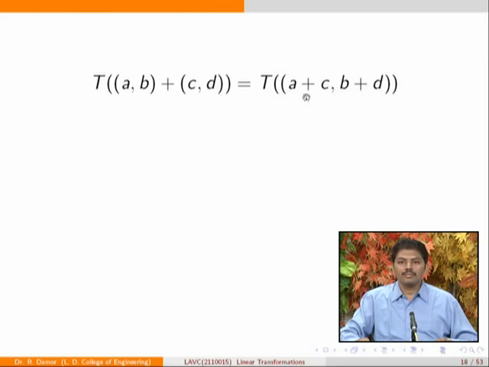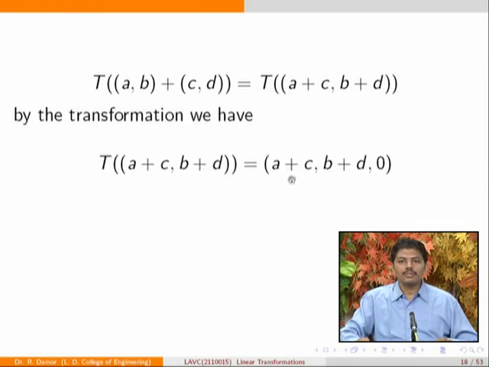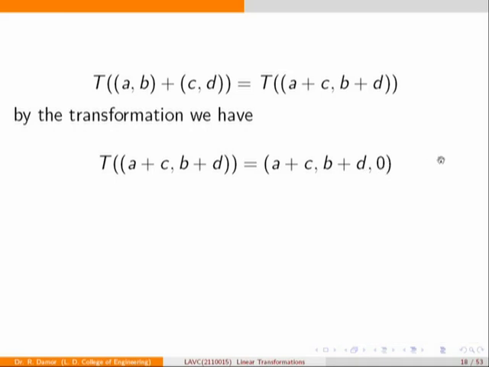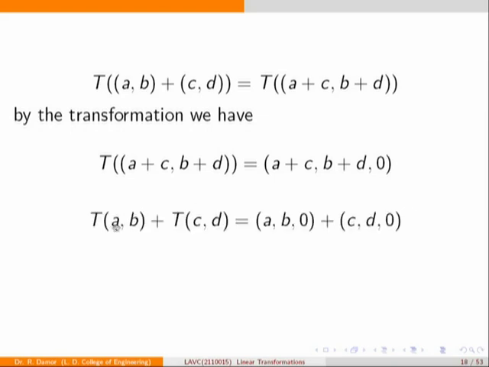You know that this is (a + c, b + d, 0). Clear? Now I have to check whether this is equal to T of (a, b) plus T of (c, d). How do I check this?